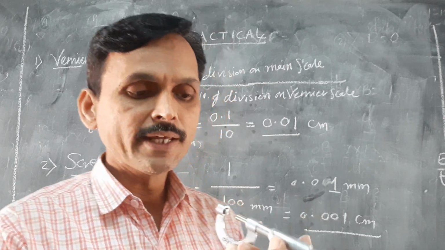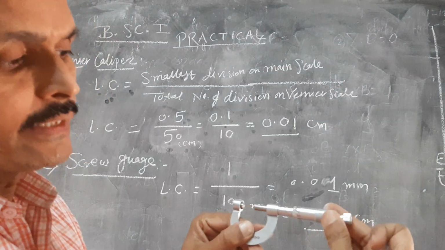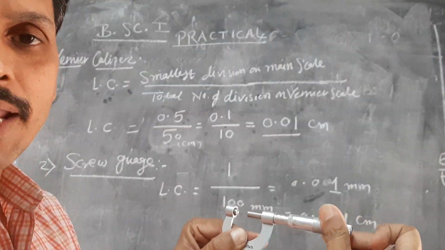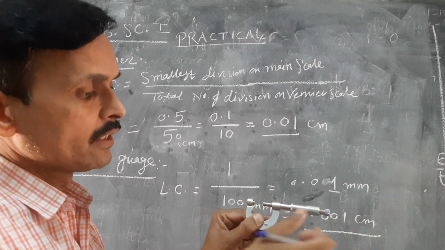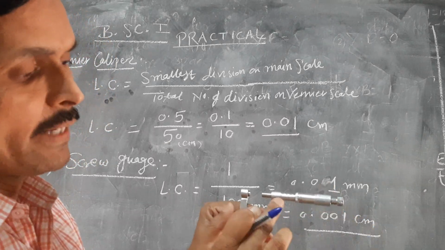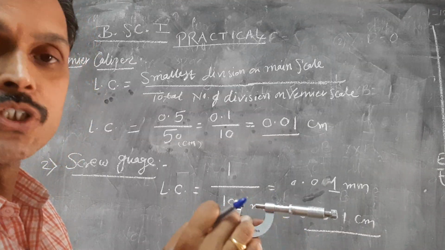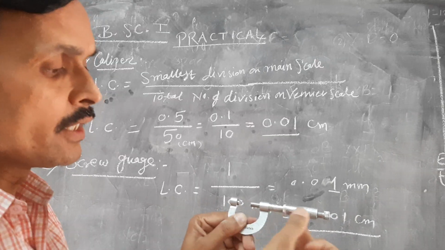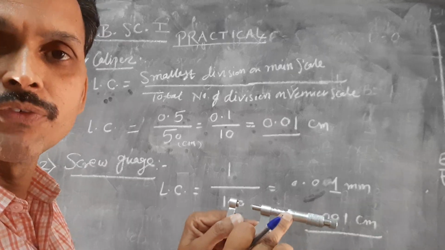Okay, now it also has two scales. One is rotating in a circular direction, known as the circular scale, and another is the main scale, which is fixed in between this rotating scale and this U-shaped frame. This main scale consists of 0 to 15 divisions here.